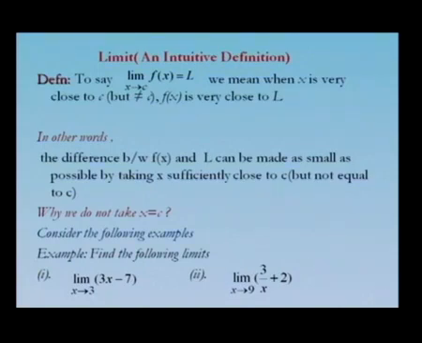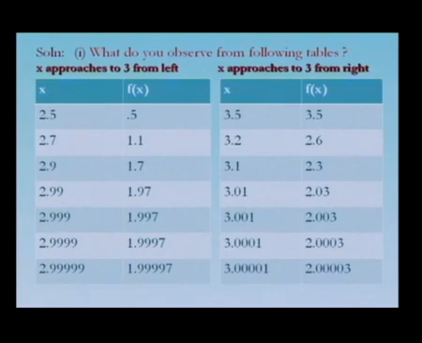Consider some examples. Find the following limits. Example 1: limit x tends to 3, 3x minus 7. And example 2: limit x tends to 9, 3 upon x plus 2. So we are considering 1. The table is given here.